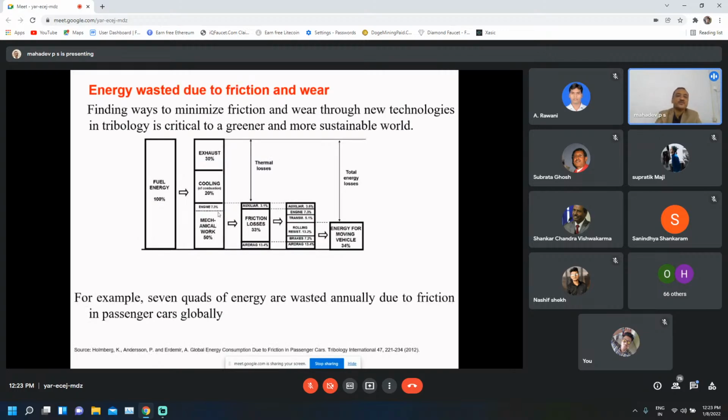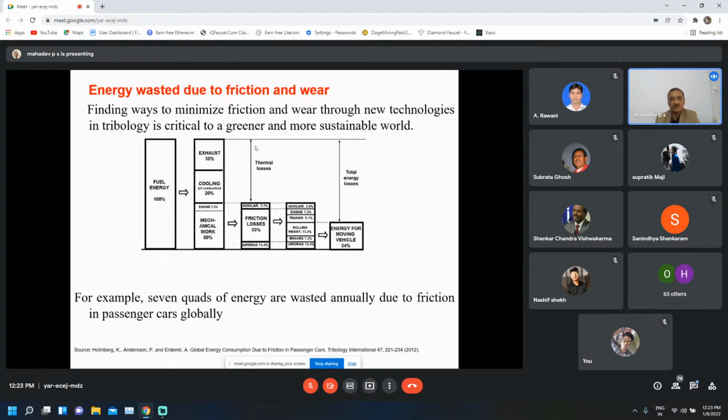So energy wasted due to friction and wear in an automobile engine, I have taken an example of this graph. Fuel energy contains 100% energy. Out of this, 30% goes as exhaust, 20% for cooling, and the remaining 50% for mechanical work. Around 7.5% is taken as engine losses.